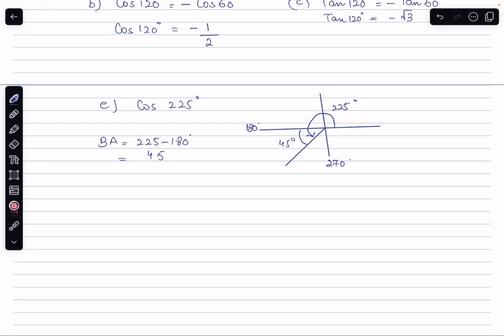In the third quadrant, cosine is negative. Therefore cos of 225 shall be equal to negative cos 45 degrees, and cos 45 is 1 over under root 2. Therefore, cos of 225 is negative 1 over under root 2.